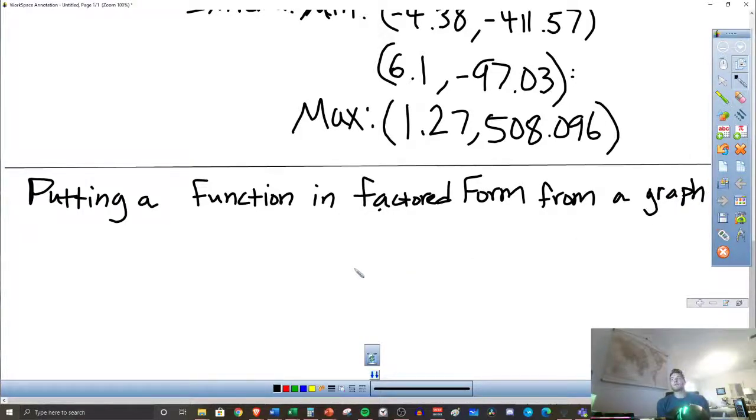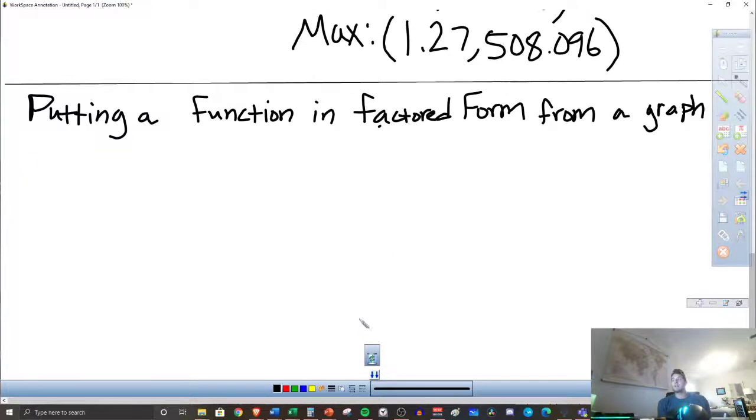We've got to use the graph to actually help us with this. So we're going to use the exact same example, but here's the steps for this. We're going to start with step 1. So in your notes, write this. Step 1 is going to be identify all x-intercepts.